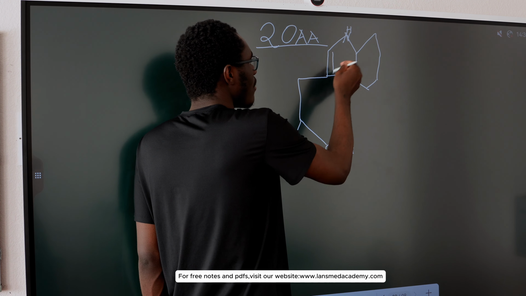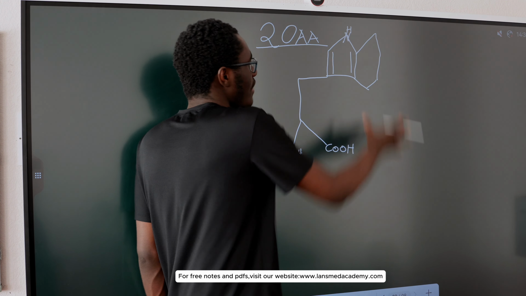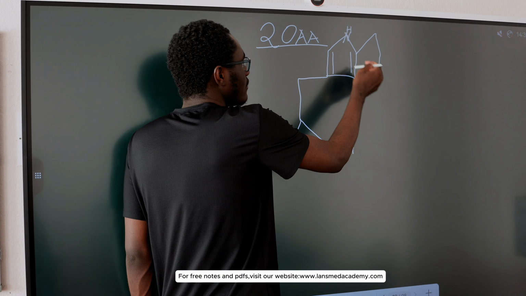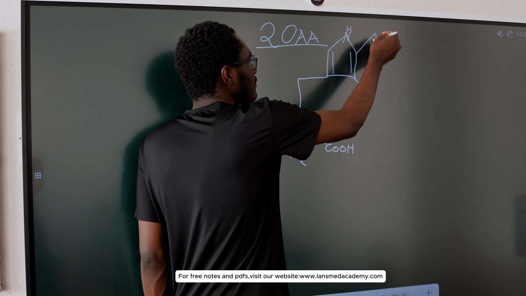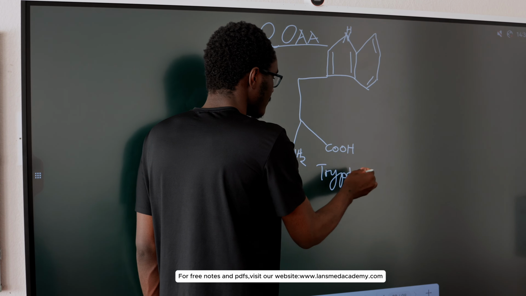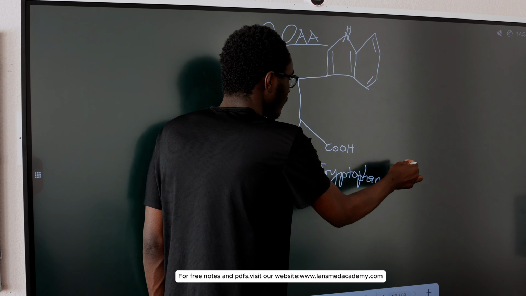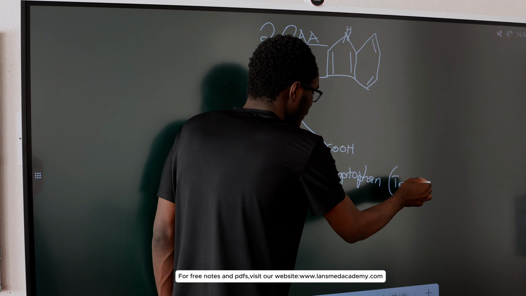Then we're going to have a double bond on opposite sides. As well, we have benzene ring here. Double bond, space, double bond. Double bond, space, double bond. This is tryptophan. And the three-letter abbreviation is TRP.